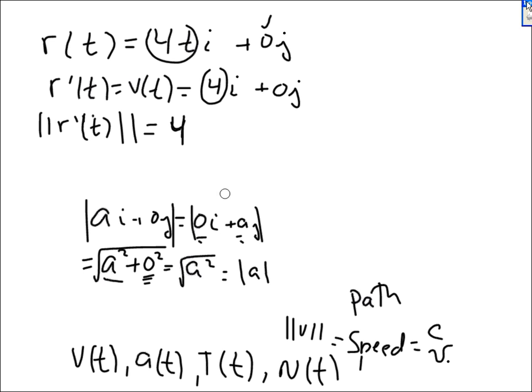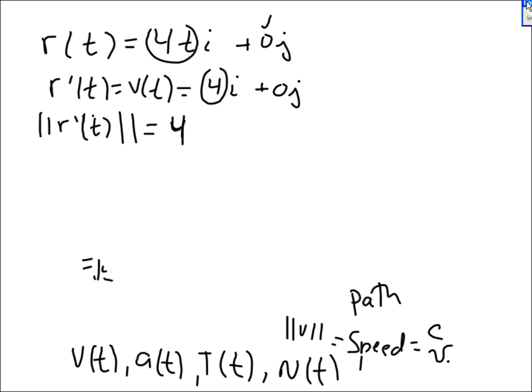That is, it's a constant. It's not changing. Remember, that's the speed. That's the magnitude of v. R prime is v of t. So the magnitude is 4. It's not changing. What's the speed an hour from now?